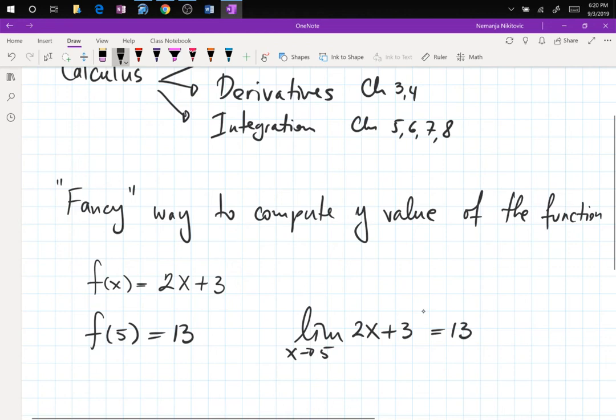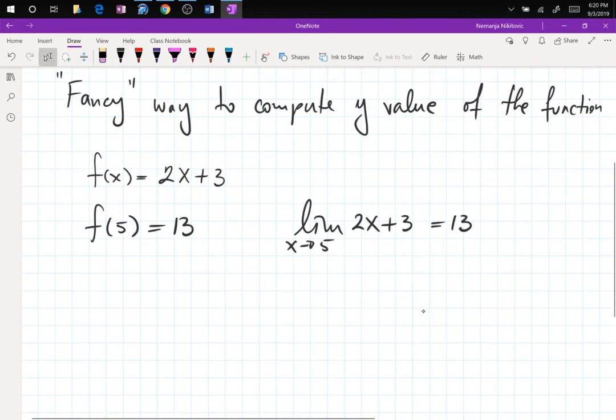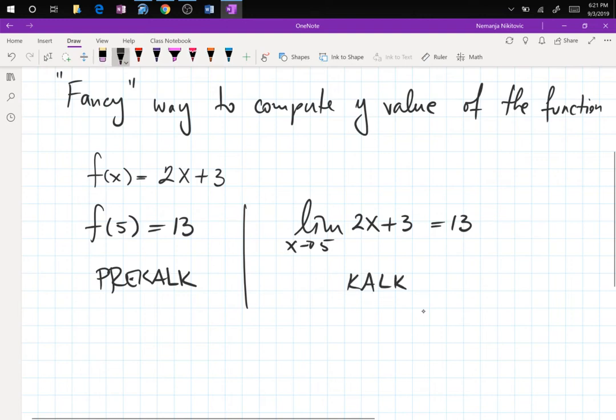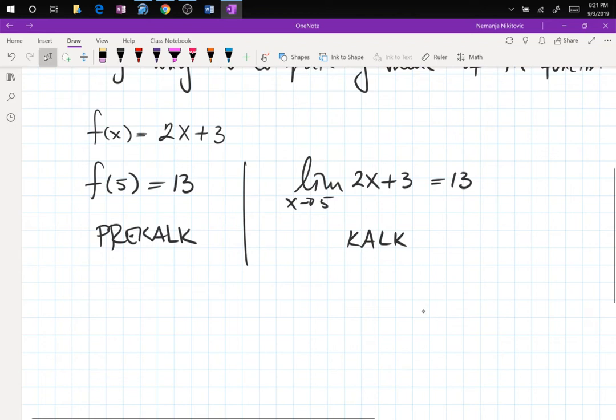So this is you seeing the limit notation possibly for the first time, and it simply reads limit of, and then you have a function in here, is, which equals, and then a value that you get on the other end. So now you have a way on the left, which is our pre-calc way, and this over here is, well, that's calc. There you go. We got the same 13.